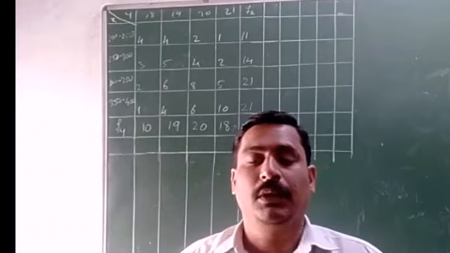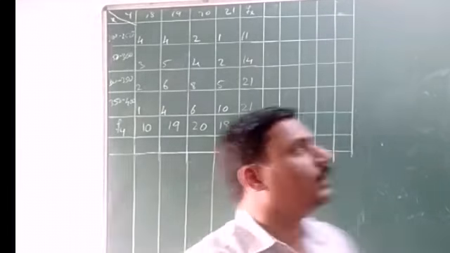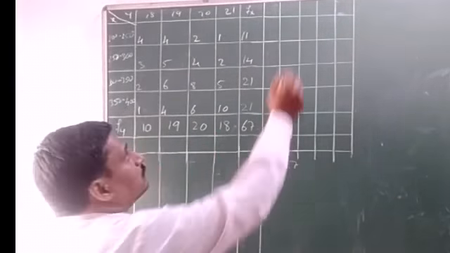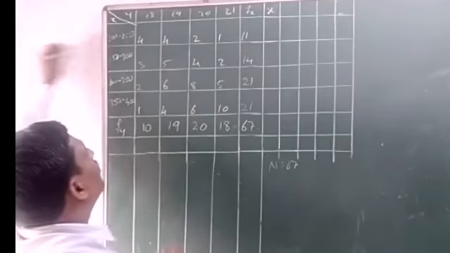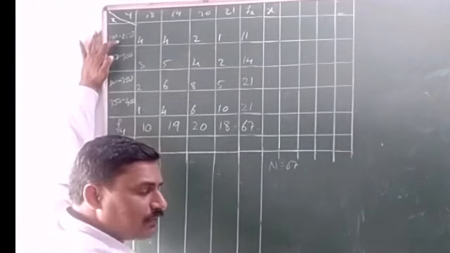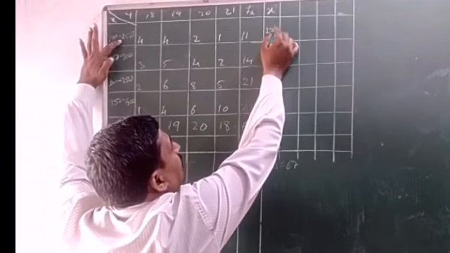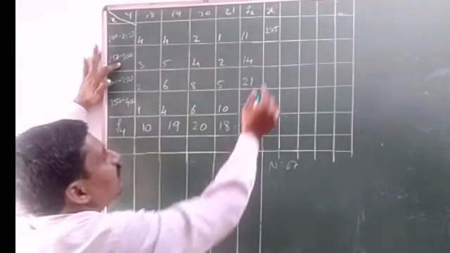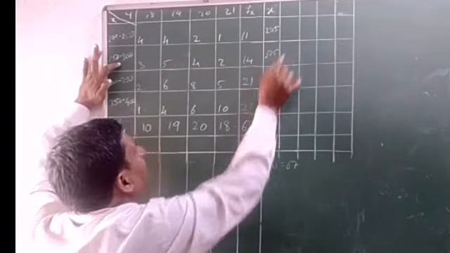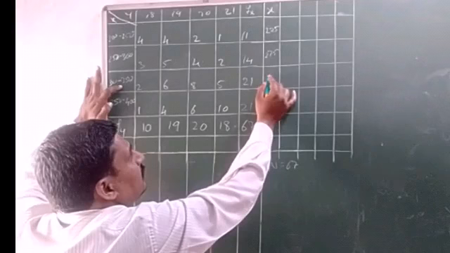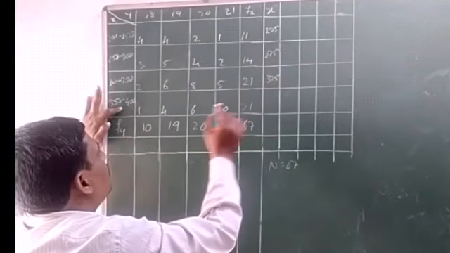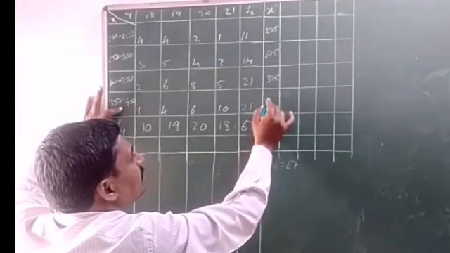Now come to the x variable. Take the midpoint of the class: 200 to 250 becomes 225, then 250 to 300 is 275, 300 to 350 is 325, and 350 to 400 is 375.